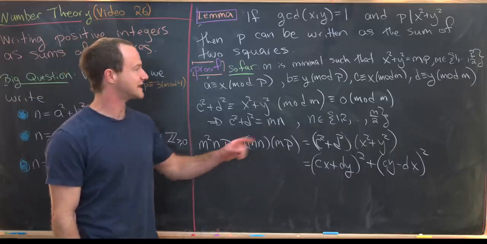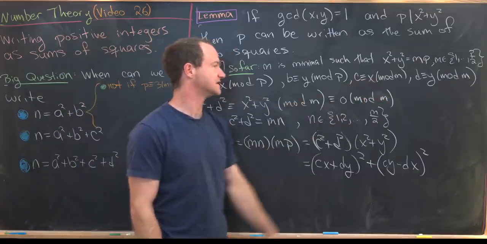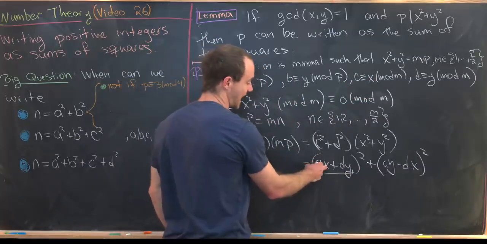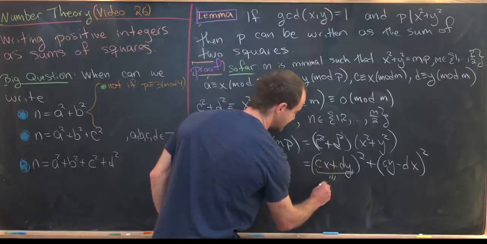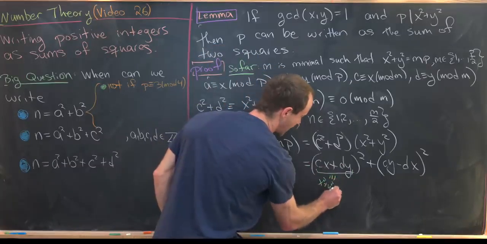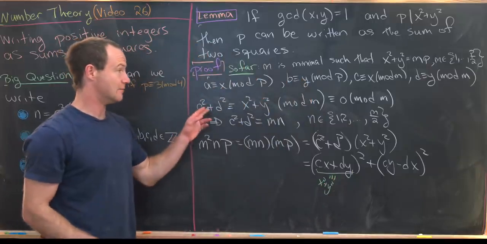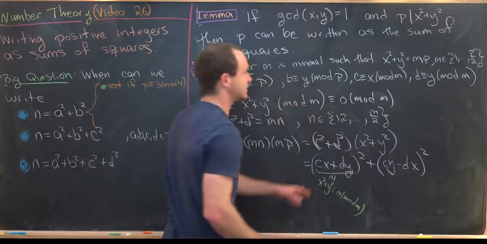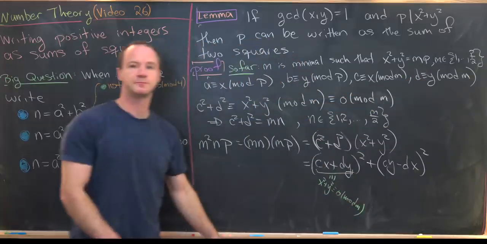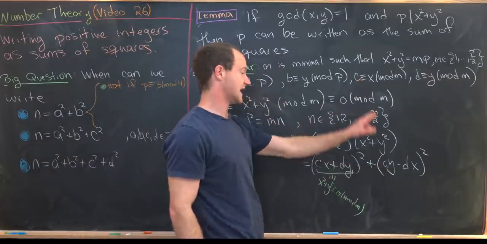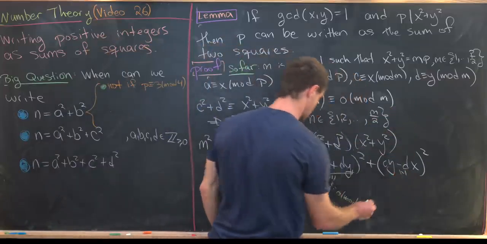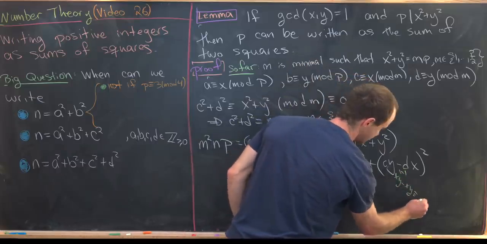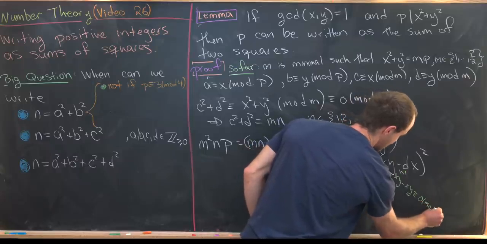But now we'll want to notice that c is congruent to x mod m, d is congruent to y mod m. So that means we can replace this c with x, this d with y, and this is congruent to x squared plus y squared mod m, but that's congruent to 0 mod m. So again, that's from these two things right here. And then likewise, c is x, d is y, so this is congruent to xy minus xy mod m, which is clearly 0 mod m.